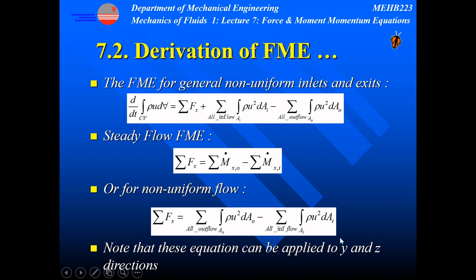This is the equation for non-uniform flow, where you have the integration with respect to area. Note that these equations can be applied to the y and z directions as well, but separately.